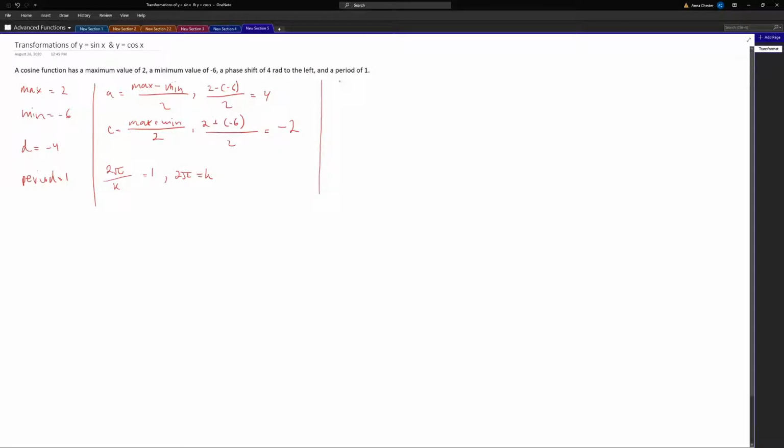As you should recall, it is a cosine function, so you could say f of x is equal to our a value, so 4 cos, first bracket would be our k value, second bracket would be x minus our d value. Since we have a negative d value, it's plus 4. And then for our c value, we have a -2. Therefore, the equation is the following.